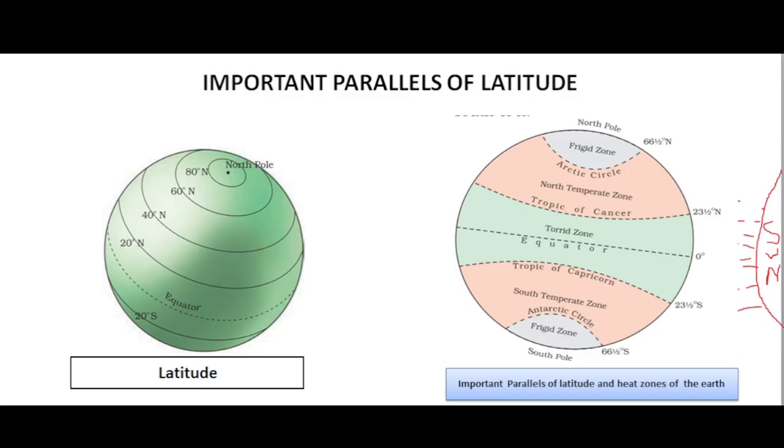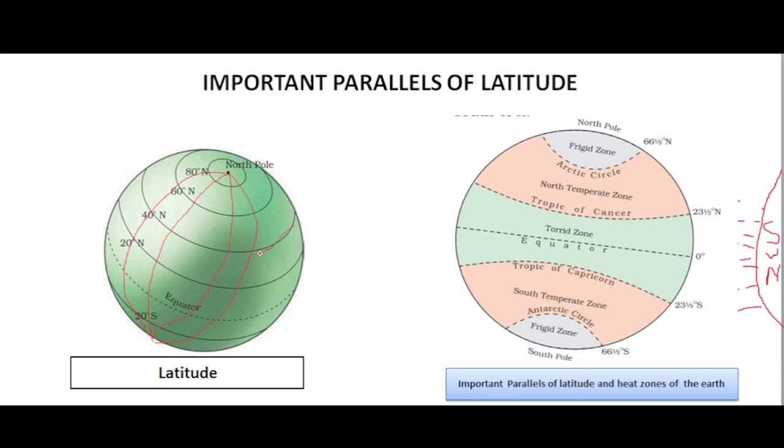They are semicircles. If we draw like this, North Pole to South Pole, like this, these are called longitude, and these are called latitude.